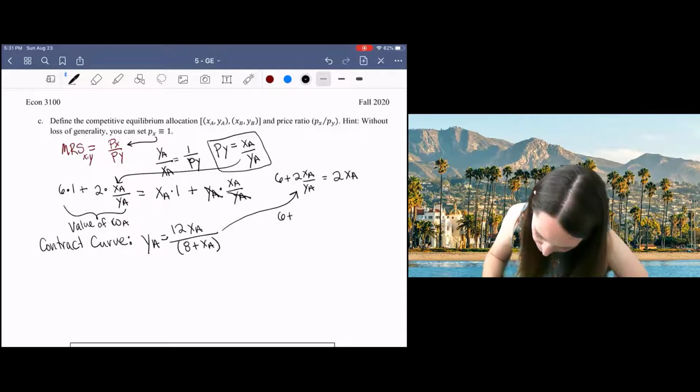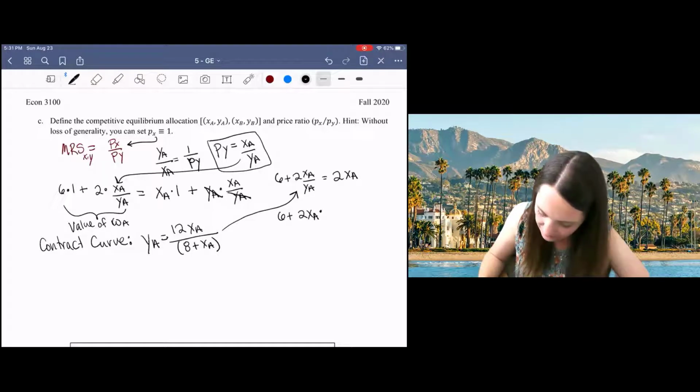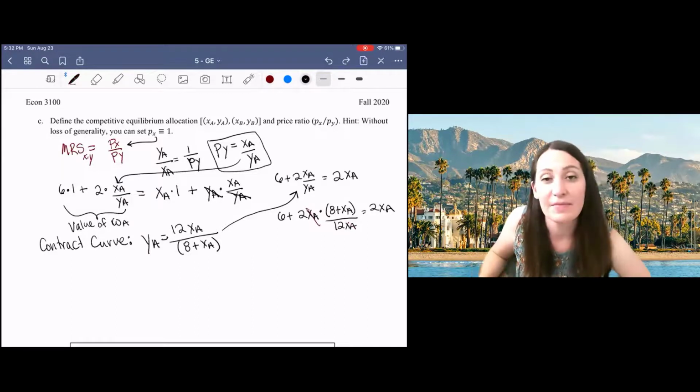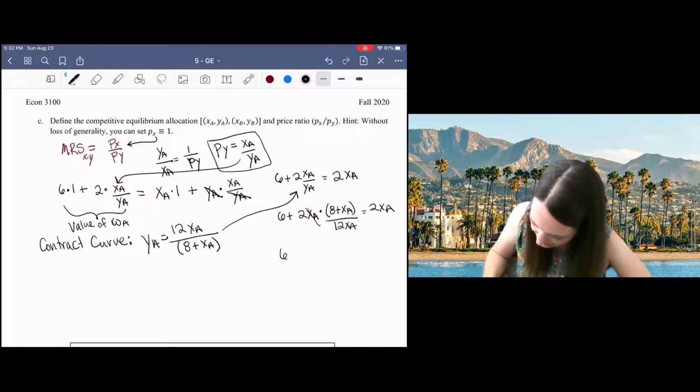So I've got 6 plus 2XA times, now I've got 1 over YA, which will be the inverse of this equation for the contract curve. And XA's here cancel out. So I've still got something that's a little messy because I've got this 6, 2 divided by 12, it's 1 over 6 in the denominator.